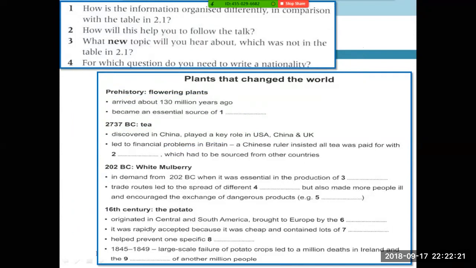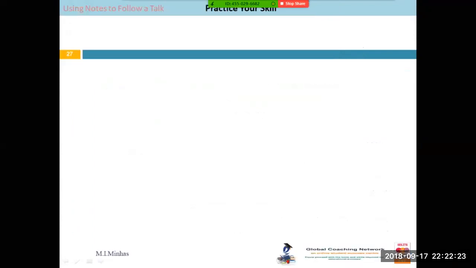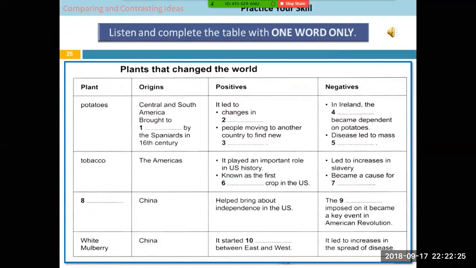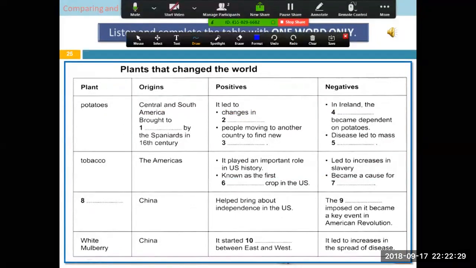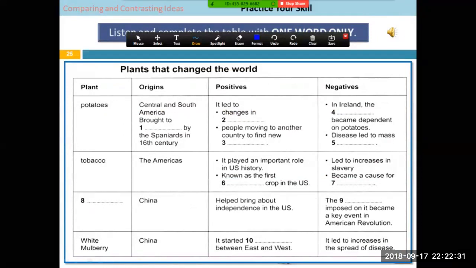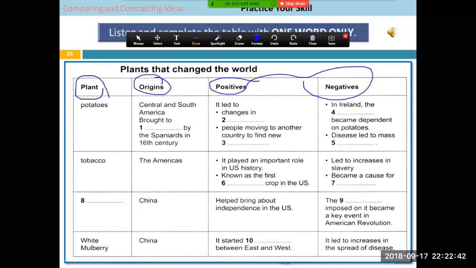So these points, like "let's start a new topic" and so on, actually help you to keep track of the speaker. Like here, say you have to fill in this table. The first column is about plant, the second is about origin of those plants, then positives, then negatives. So the speaker would, almost all of the time, move column-wise.